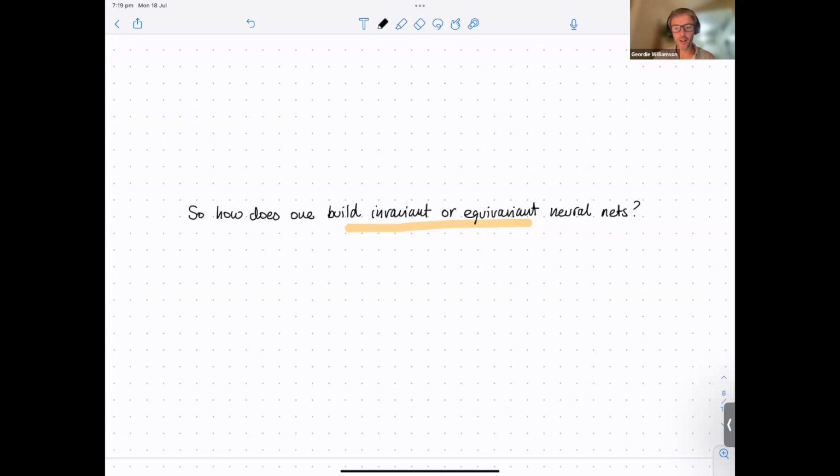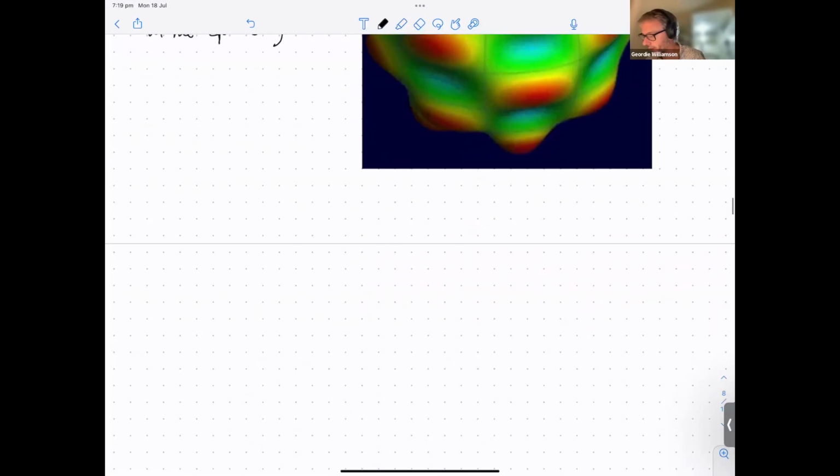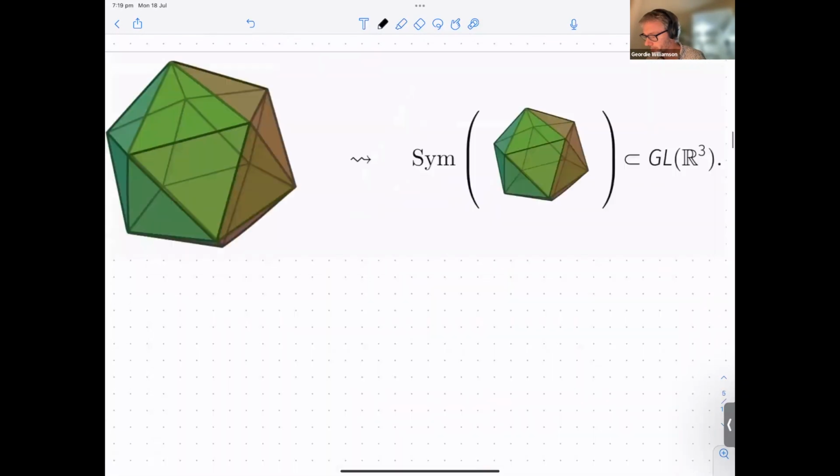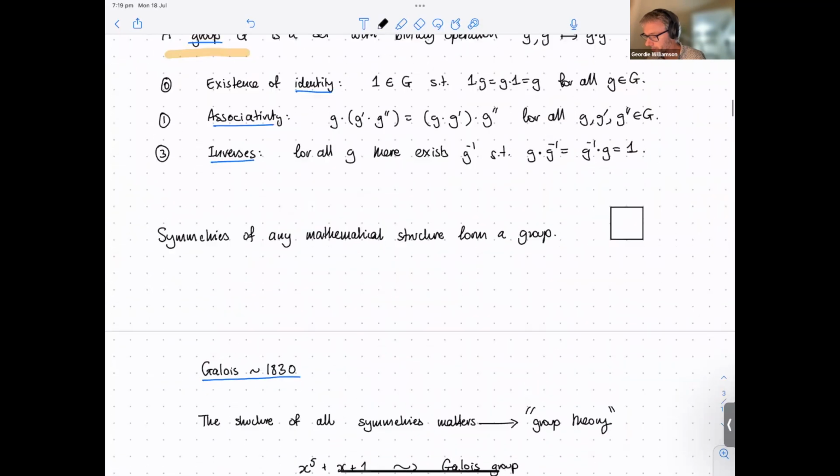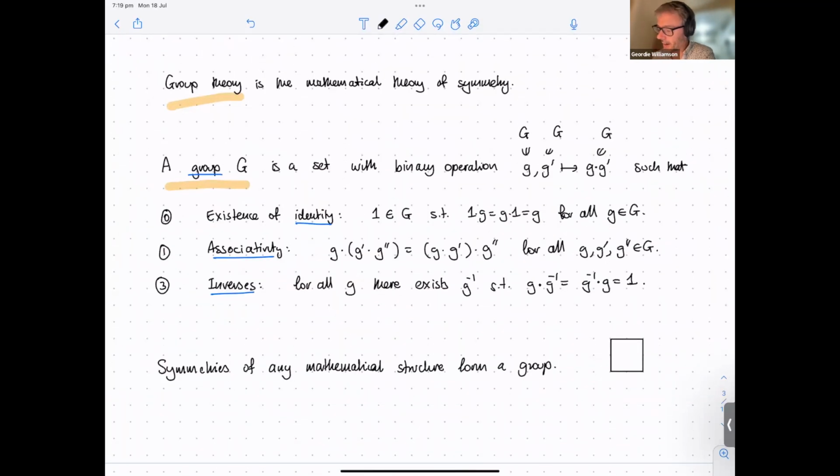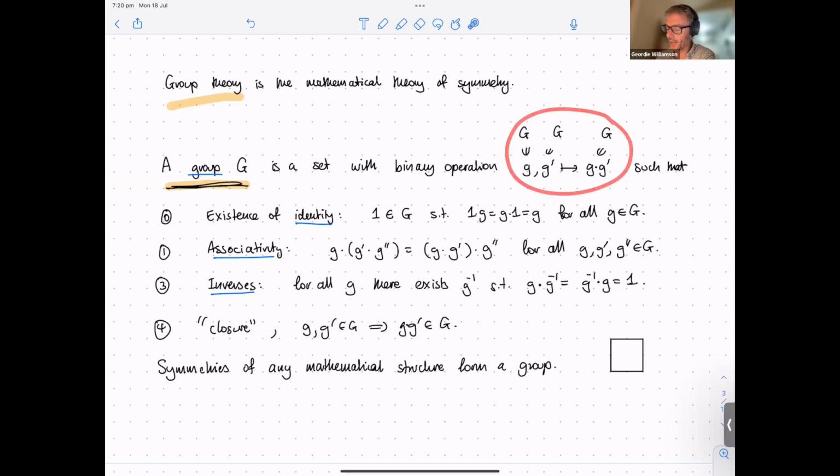Yeah, so that's a good question. If we go back to the definition of a group, here we have a definition of a group, and there are some people who would include a fourth axiom, namely closure, which is that g and g' in G implies gg' in G. But this is implicit when I write the multiplication in this way.